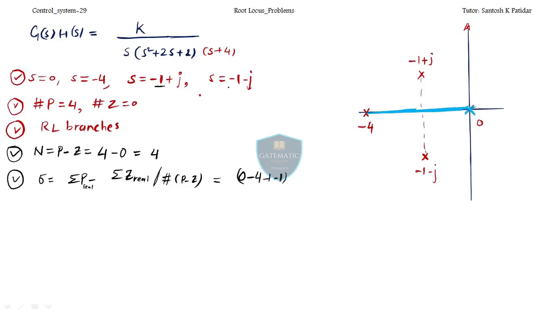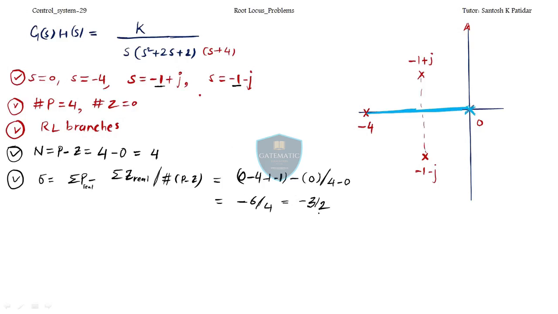Over here I'll consider only the real parts, not the imaginary parts. Minus the summation of zeros. I don't have any zeros, so definitely it will be 0. Divide by the number of poles, that is 4, minus the number of zeros, that is 0. So finally you are getting -6 divided by 4, that is -3 by 2.